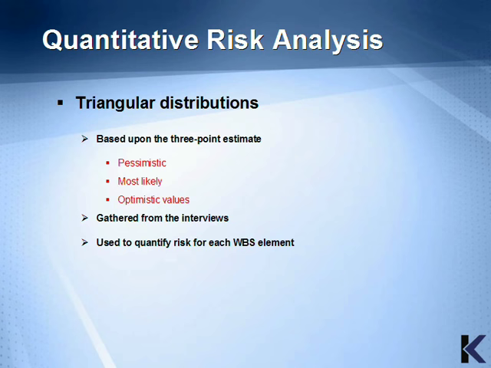In the case of triangular distributions, we find that they're based upon the 3-point estimate: pessimistic, most likely, and optimistic values. These values are gathered from interviews and used to quantify risk for each work breakdown structure element.